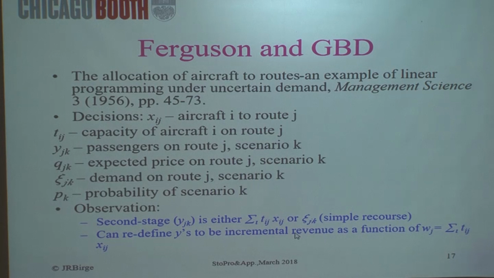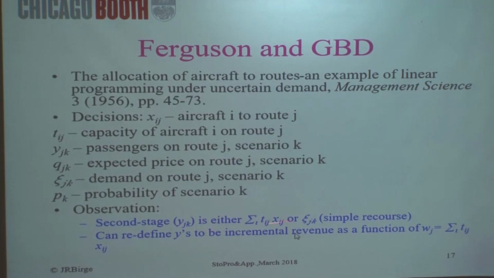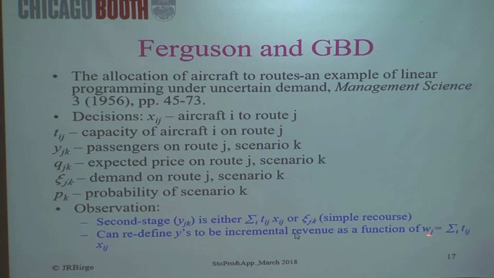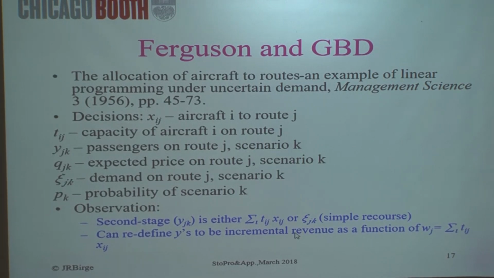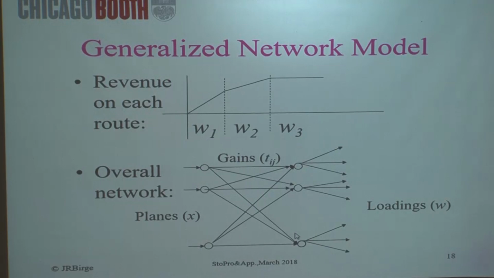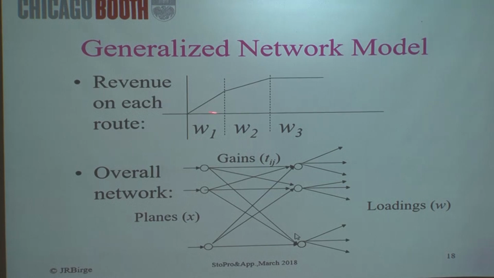So I can basically say, well, as I increase my capacity, I'm able to take more passengers, and that's going to increase my overall value. So it's going to be something like this. My revenue for the initial capacity that I put on, I'm going to probably get new passengers, or be able to accommodate new passengers in all the scenarios.